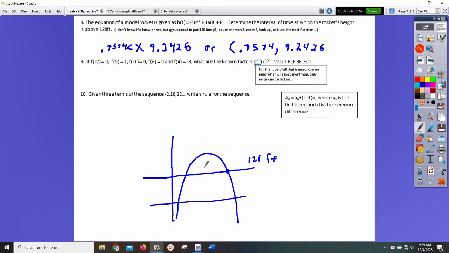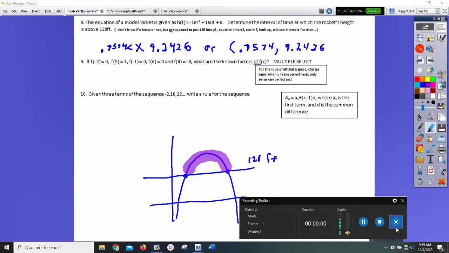And these were the answers. So long as I was in this space, that was true. And those are the time values that make this true. And I'm going to be done with this since recording the rest of this would be kind of a pain right now. Anytime I switch off the main program, it gets funky.